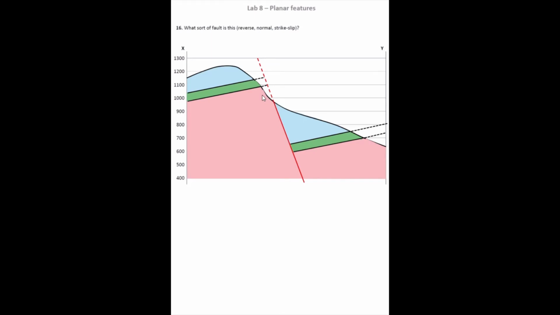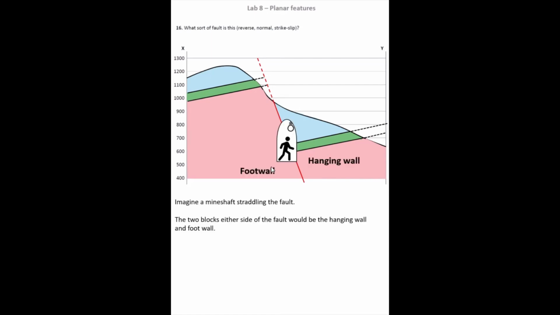And like I said in the lecture, imagine you sunk a mine shaft through this fault. Well, if you were stood in that mine shaft, then you can see that this block here towards X would be our footwall, that's where your feet are, and your little miner's lamp, you'd be hanging that on the hanging wall.